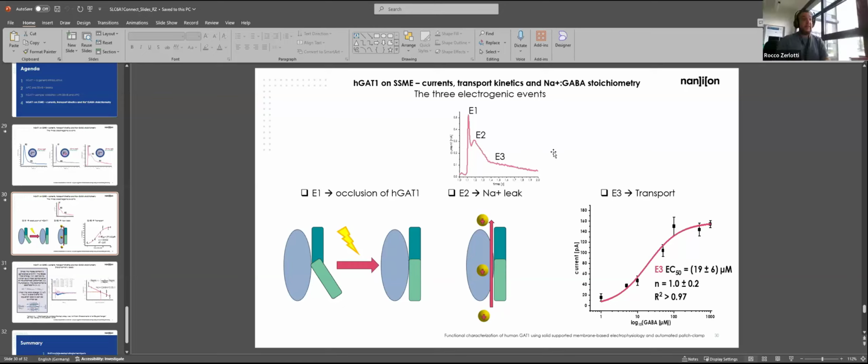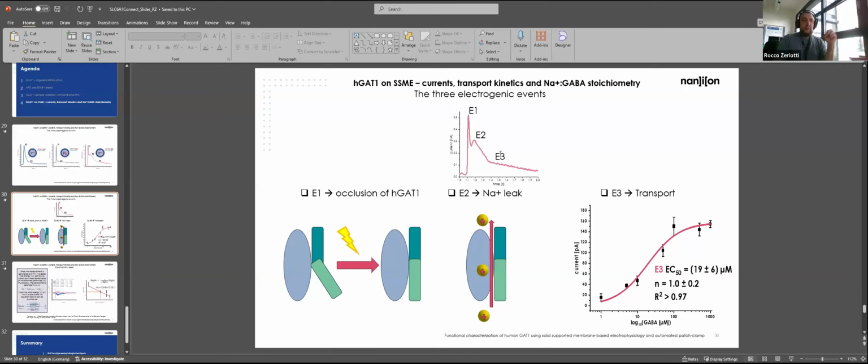That's a good point. That is a current that doesn't appear here. This pre-steady state current is actually observed in patch clamp, or two-electrode voltage clamp to be more precise, and not in solid supported membrane electrophysiology.